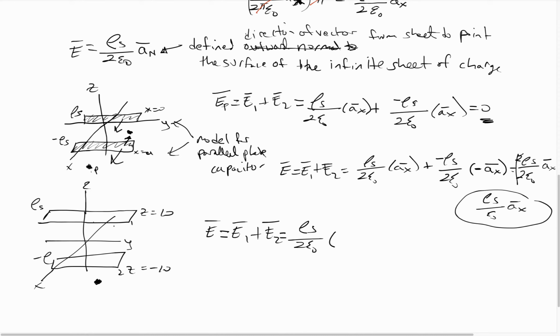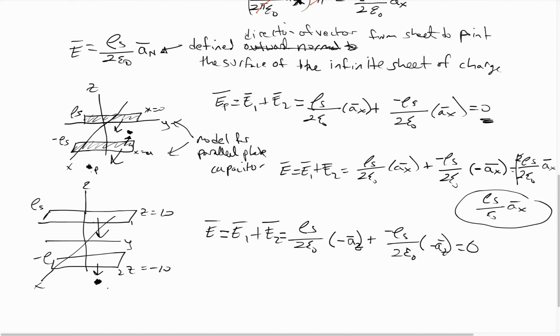And so we have a vector pointing down here, and so that's going to be minus az, and then we're going to have the other one, minus rho s over 2 epsilon 0, and then this direction here for this sheet is going to be minus az. And so again, if we sum that up, that's 0.